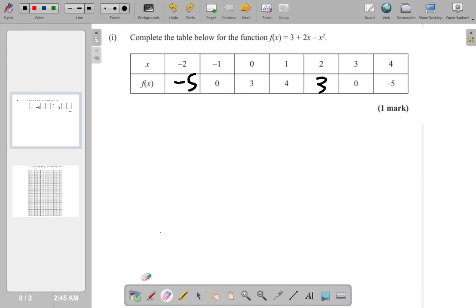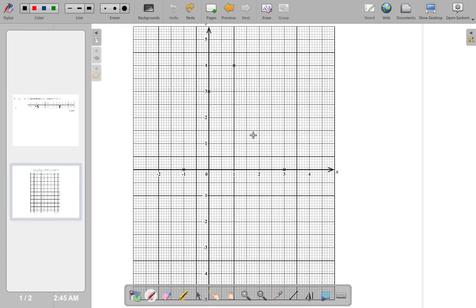Now we had negative 2, negative 5. That means you're going to look for where x is negative 2 and move vertically to go beside y is negative 5.